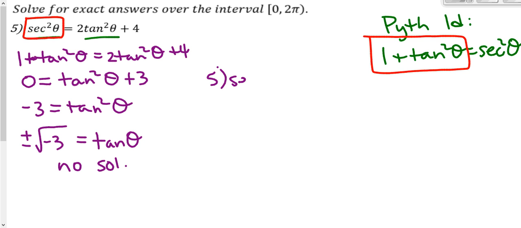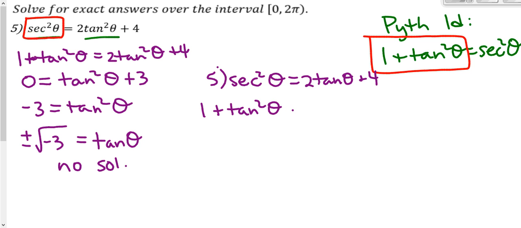So let me show you what it was supposed to be. Secant squared theta equals 2 tangent theta plus 4. So I'm still going to replace secant squared theta with 1 plus tangent squared theta. And then I'm still going to get everything over to one side because this is a quadratic equation in disguise.